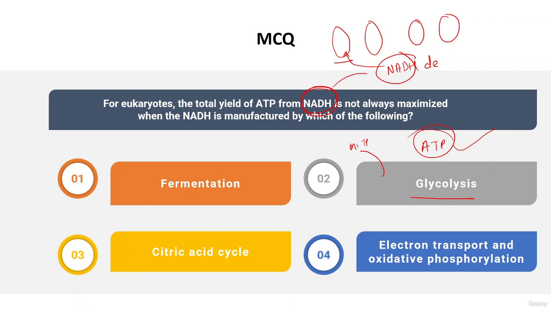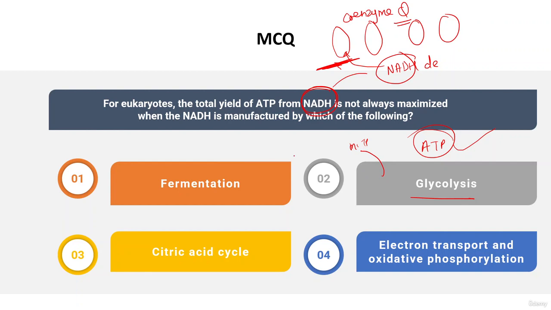This is not always true. Sometimes the NADH skips the NADH dehydrogenase and goes directly to coenzyme Q. So it is not always maximized when it uses the glycolysis process.